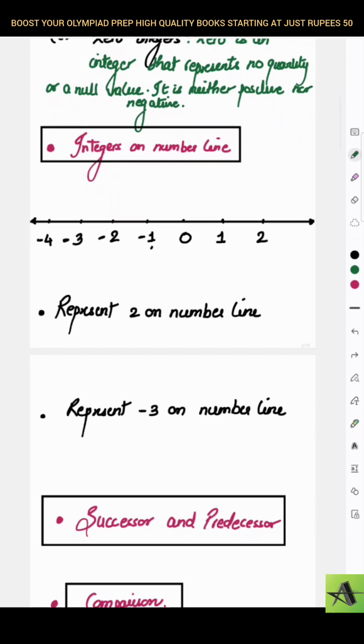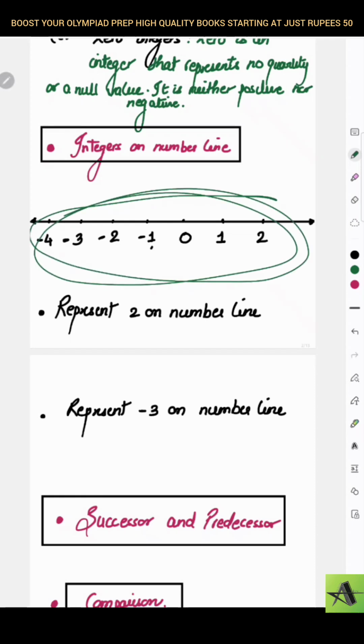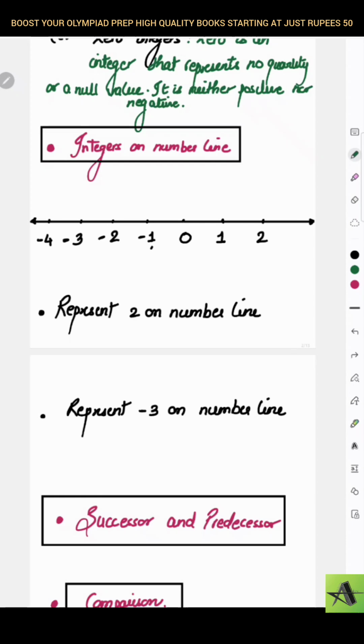Now the number line. The number line is very important. A number line is basically a straight horizontal line, which I have drawn here. It has a 0 at its center, and two arrows stretching infinitely in both directions.